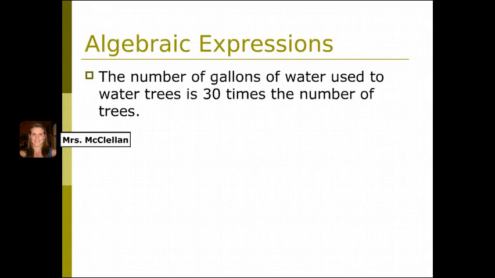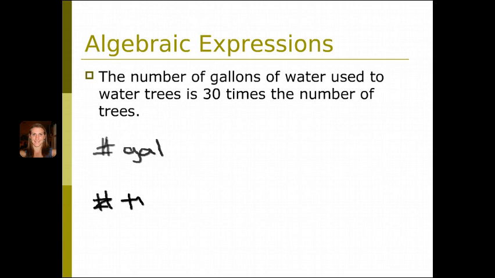Here's another example of algebraic expressions and how they might represent them in an actual real-life word problem. The number of gallons of water used to water trees is 30 times the number of trees. Well, first of all, we need to think about the things we do not know. We do not know our number of gallons of water, and we also do not know our number of trees.